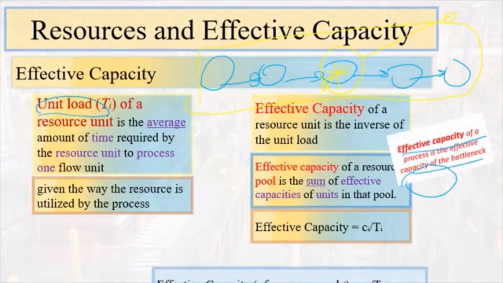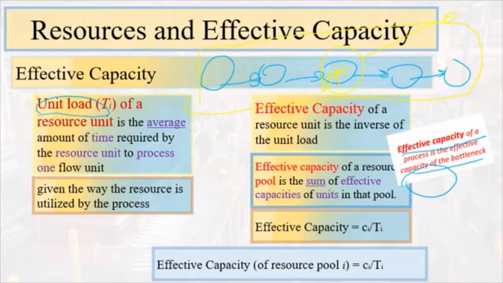Now let's get to the equation, which is the effective capacity of a resource pool. We're looking at a resource pool, and it is basically Ci, the number of units within that resource pool, over Ti. And Ti here is the unit load.